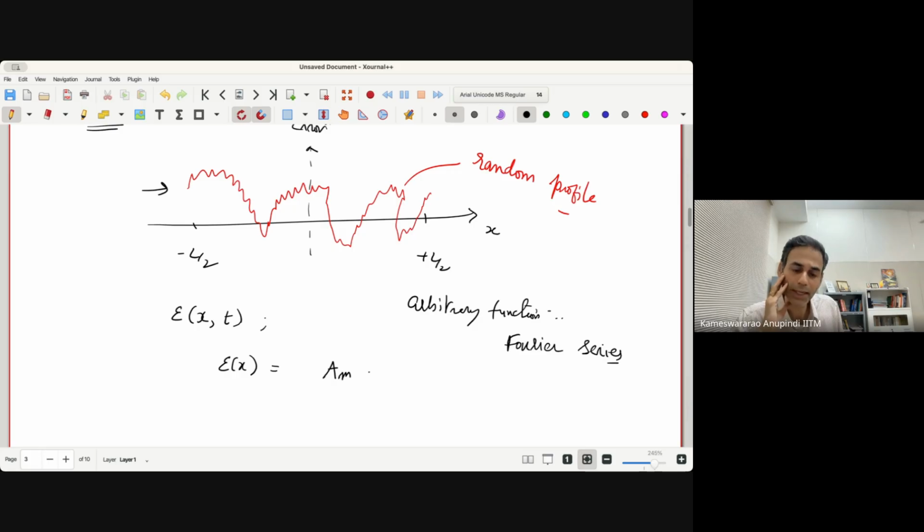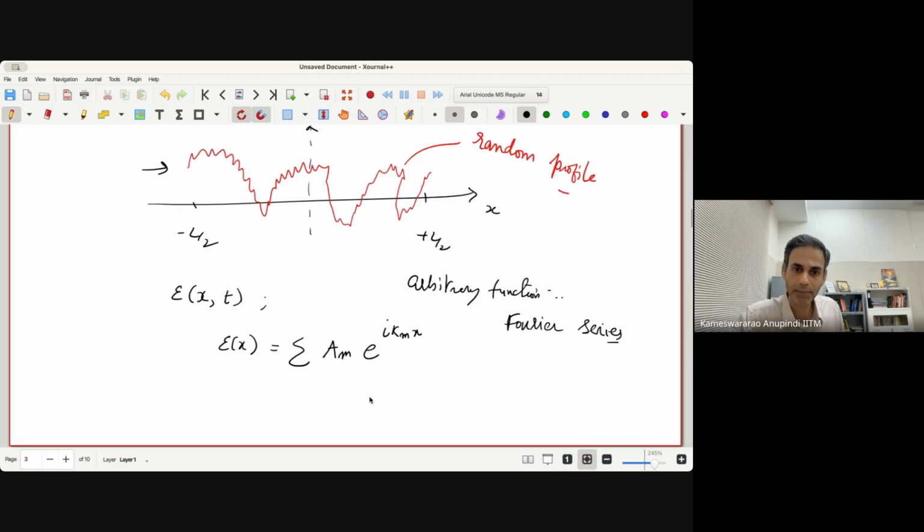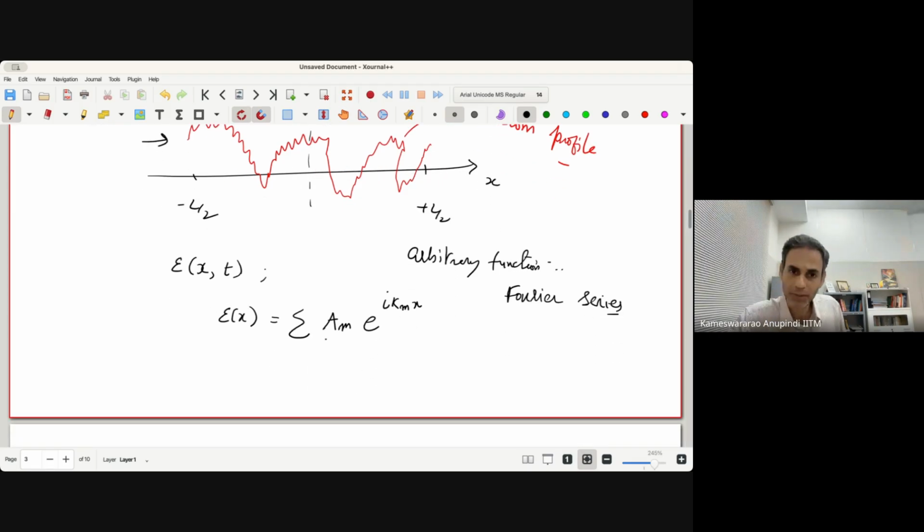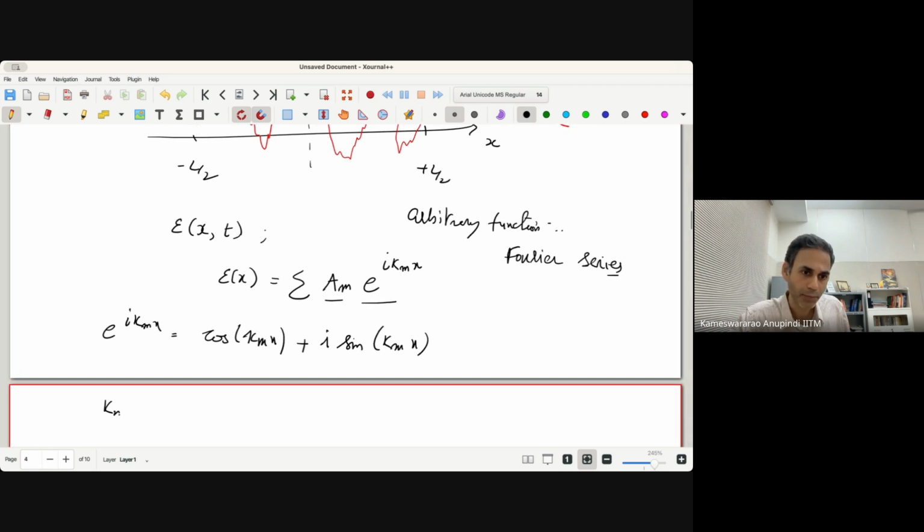So we can write this as the sum of a_m times e to the power i k_m x, where e to the power i k_m x is nothing but cosine of k_m x plus i sine k_m x, where k_m is the wave number.